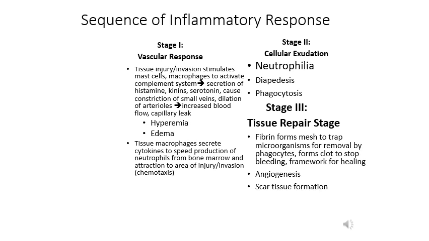Again, this is where fibrin is forming that will trap some of the microbes for removal by phagocytosis, but also form a clot and help with stopping the bleeding, helping with that portion of the healing. And then of course during that tissue repair, scar tissue is going to form to help complete that healing process.